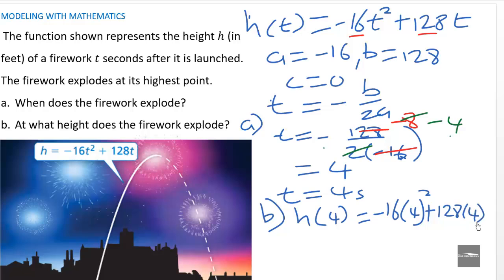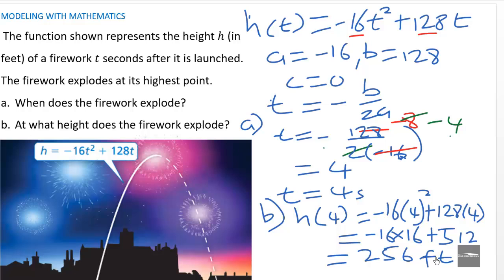So this will be equal to negative 16 times 16 plus 128 times 4, which is 512. And this will give us 256 feet.